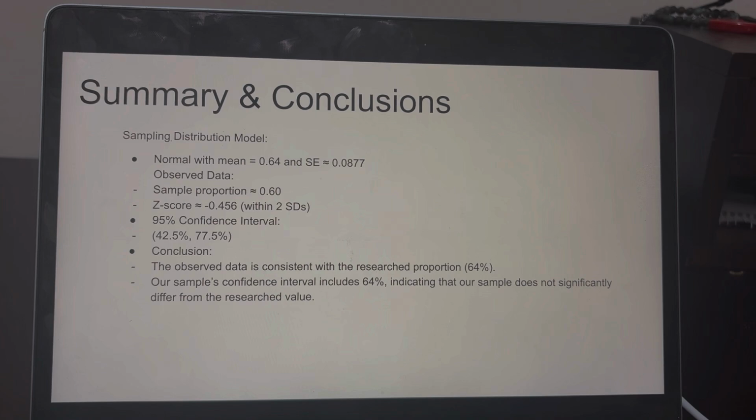The 95% confidence interval is from 42.5% to 77.5%. So the conclusion is that the data is consistent with the research population, and our sample's confidence interval includes 64%, showing that our sample does not significantly differ from the research value that we got from the very start.